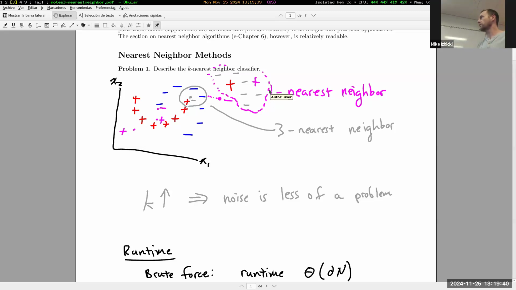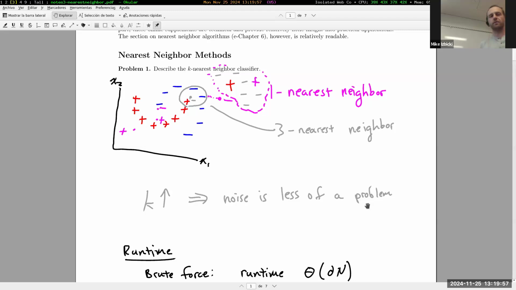So one nearest neighbor is more sensitive to noise, and as you make k increase, that noise becomes less of a problem. That's one of the main takeaways of k nearest neighbor, what this k is doing: k increase implies noise is less of a problem.